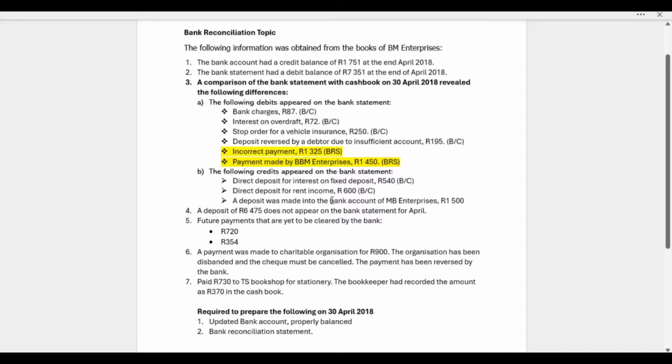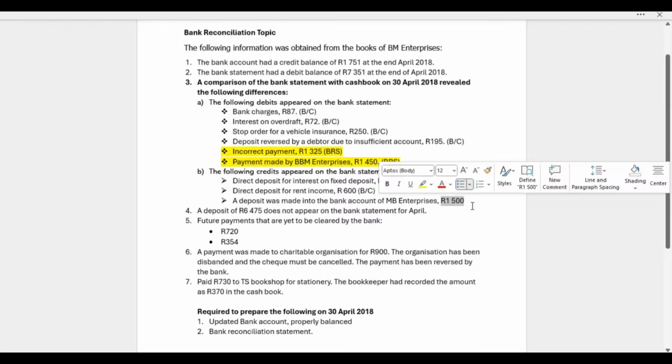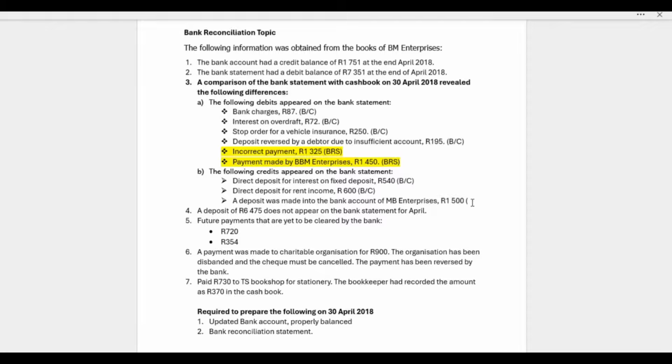A deposit was made into the bank account of MB Enterprises, but the bank credited our account instead of crediting the other company. Therefore, we need to reverse this credit to be debited. We need to go and debit this in our bank reconciliation statement because the error happened in the bank. That must be corrected. You see now.